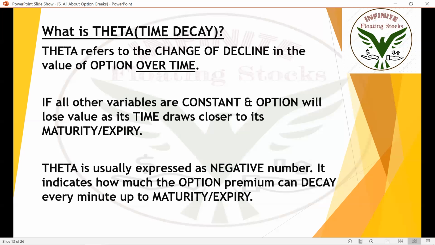The value of the car will decrease and you will get less money. Similarly, with option contracts, the value of the premiums will decrease in time as they get closer to expiry, and they come to 0 on expiry day.